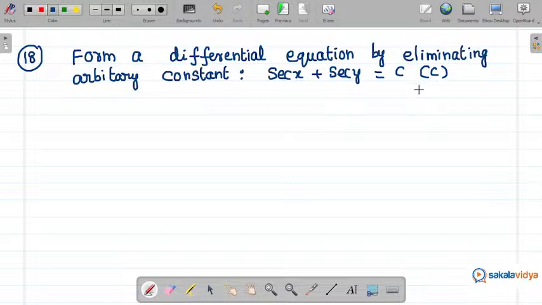So just note down the question, try to solve it, and you can chat with me your answer. You can share your answer. I will give 2 minutes time to you. Try to solve this question.